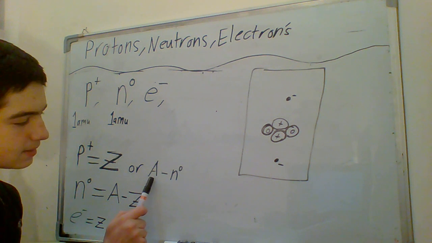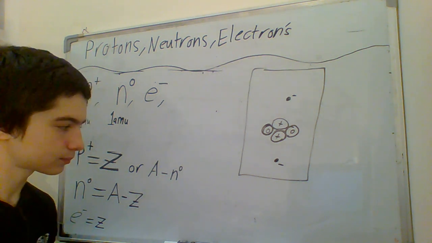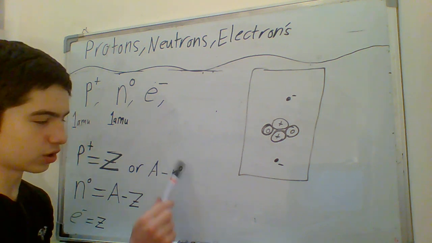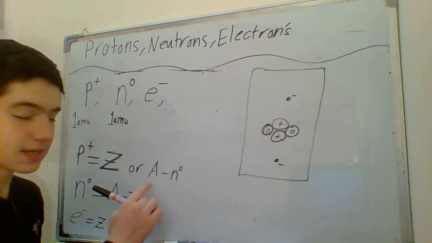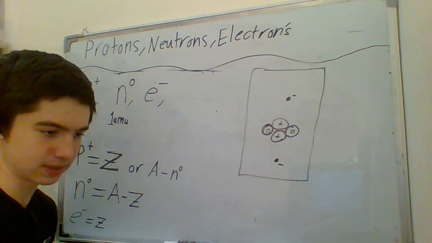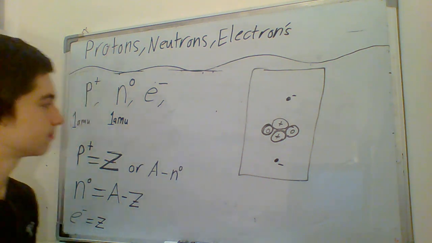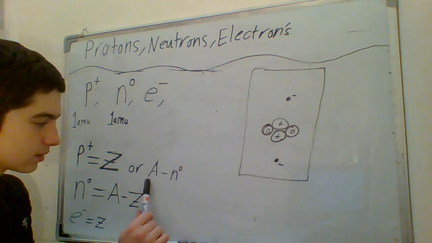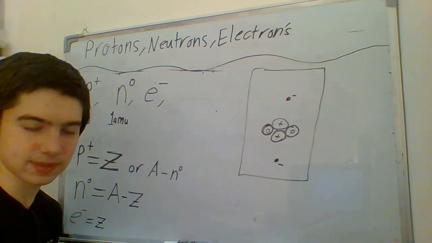What about A minus N0? What does that mean? A is the abbreviation for the atomic mass, which is the mass of an element, in AMU, atomic mass units. So the atomic mass minus the number of neutrons equals the number of protons. What does that mean?